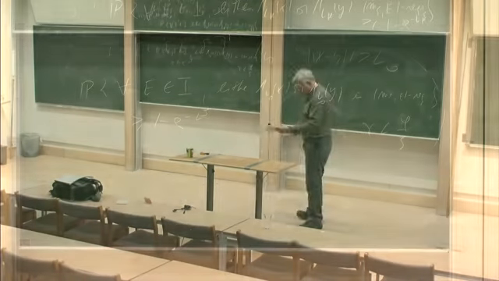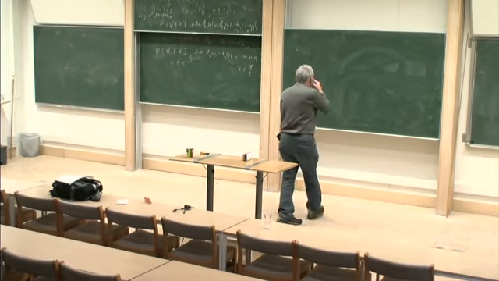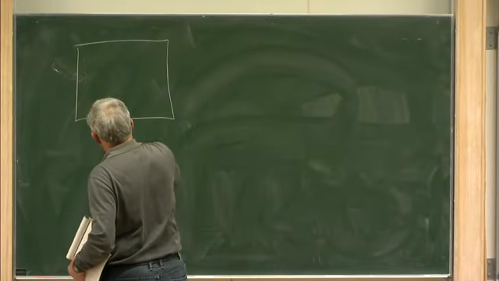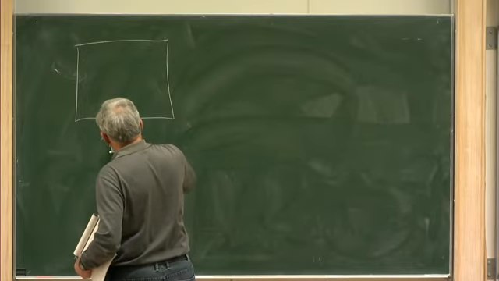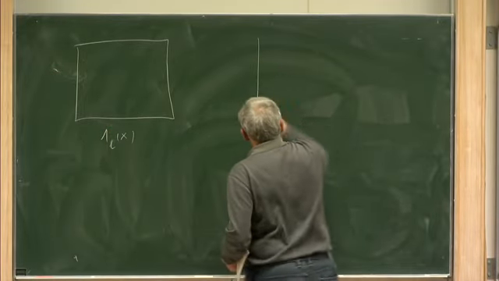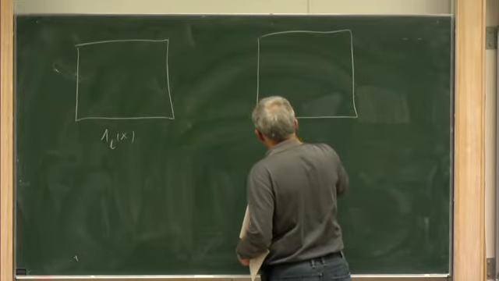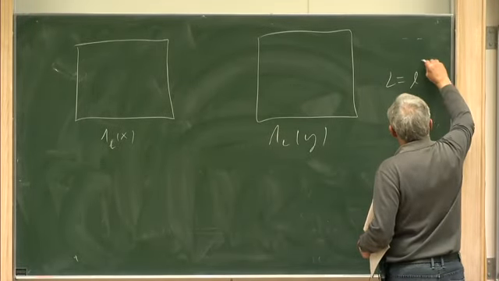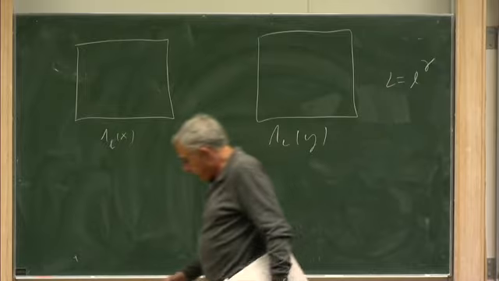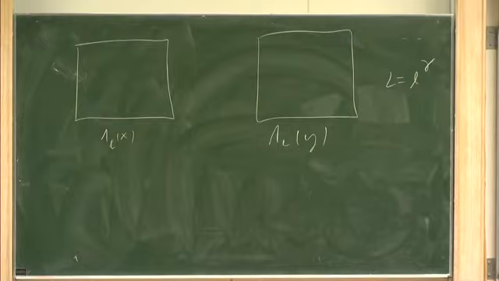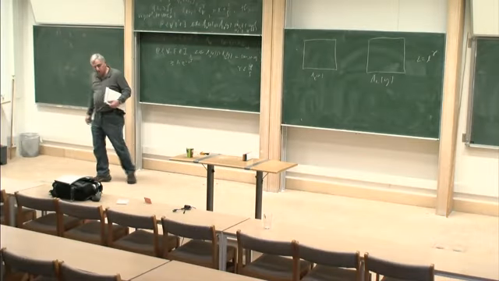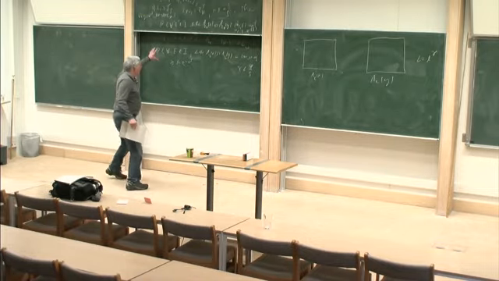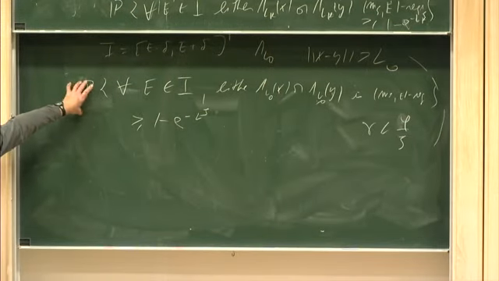What I'm going to do, I just want to give the key idea. I have this is lambda capital L of x. This is a disjoint lambda L of y. And this is little l to the gamma, and I already know the result at scale little l, and at scale L0, I have an even stronger statement.